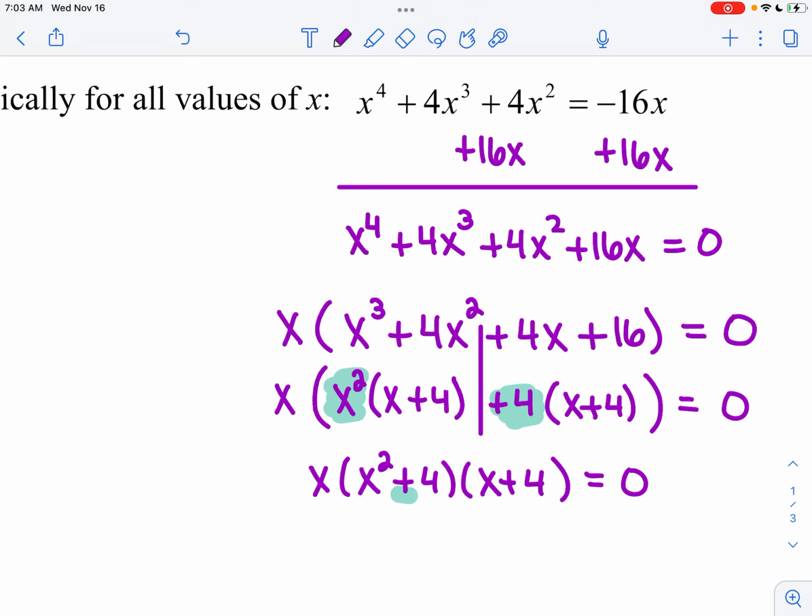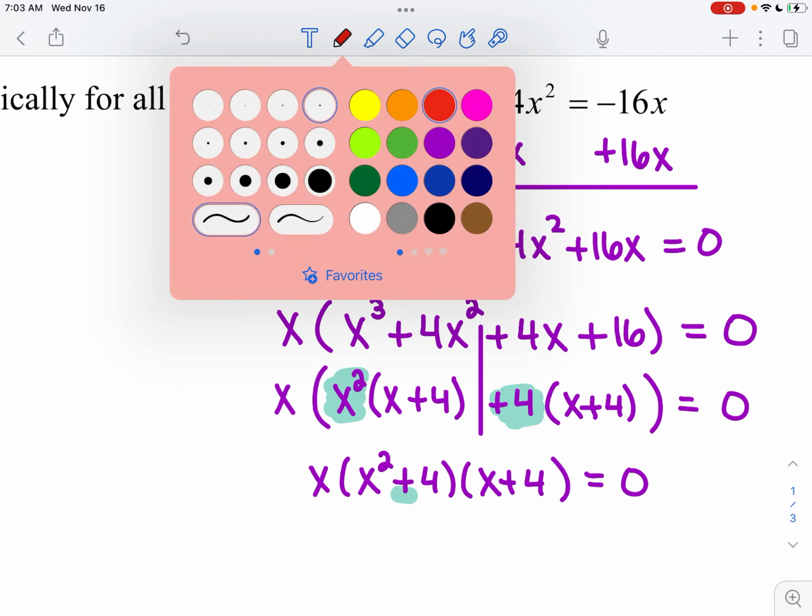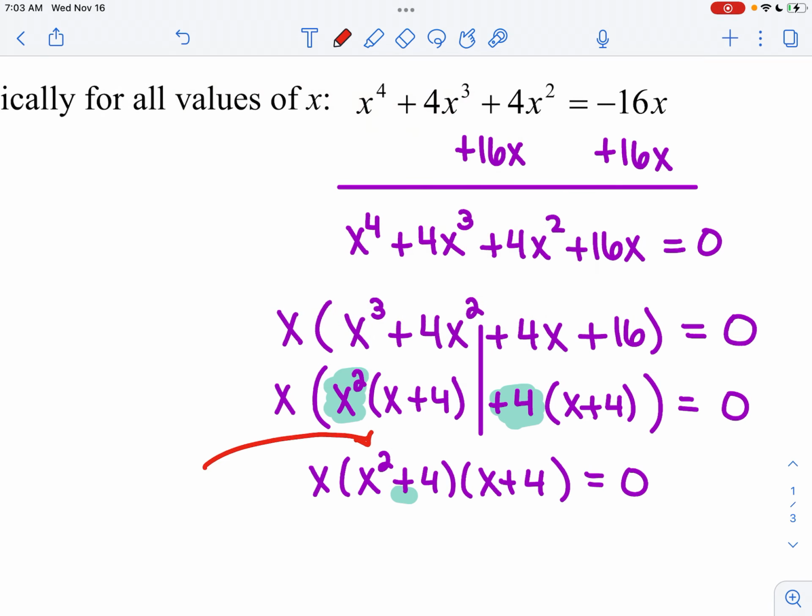So what I'm going to do is when I go to solve and set each of my factors equal to 0, I'm going to let this factor be equal to 0 and see what result I get, because I cannot factor it anymore. Let's just make that note. Cannot be factored more. If you want to even say it's not a difference of squares because there's a sum.